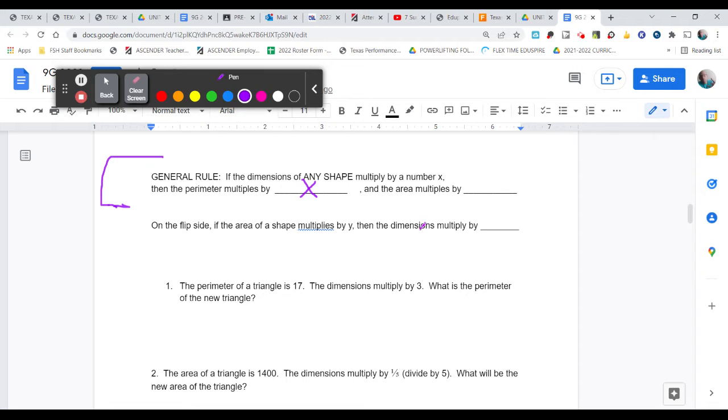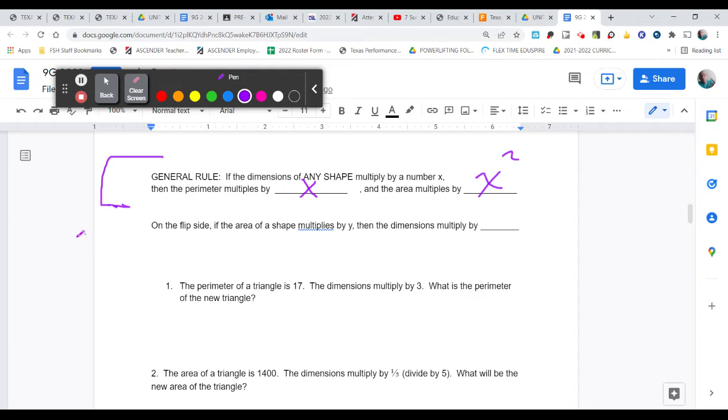The area is going to multiply by that number squared, by x squared. So we're talking about if something were to change.